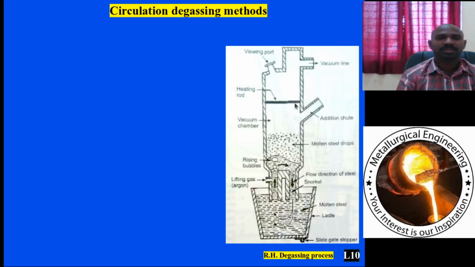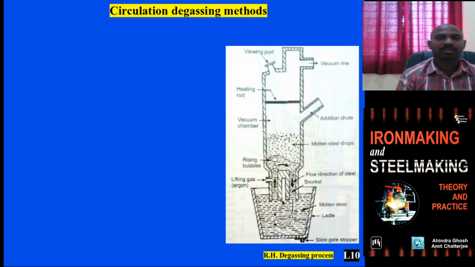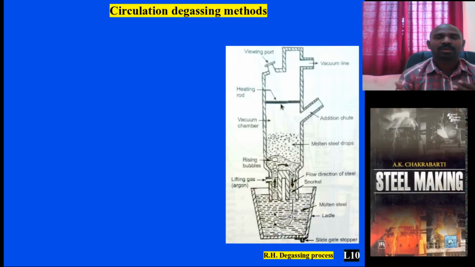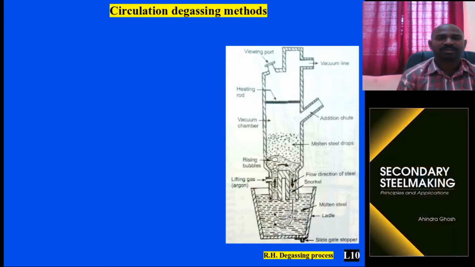This is the heating rod, which helps to increase the temperature by around 20 to 40 degrees Celsius, which is helpful for the continuous casting process. This is one leg, and the other is called another leg. Technically, in the RH degassing process these are called snorkels. It is a two snorkel process.